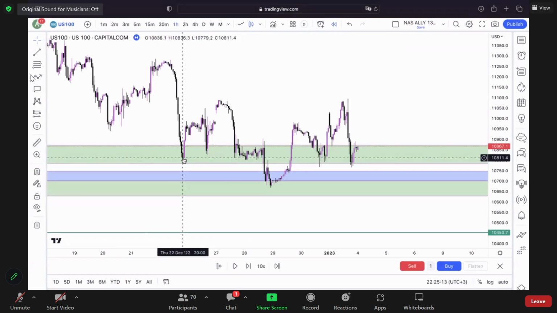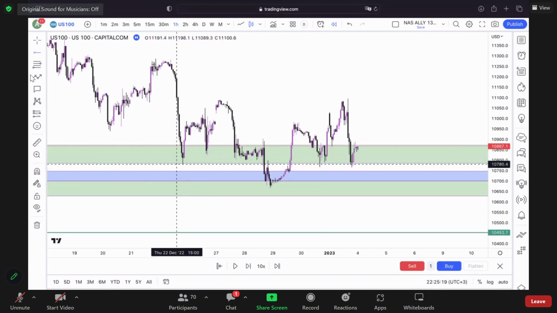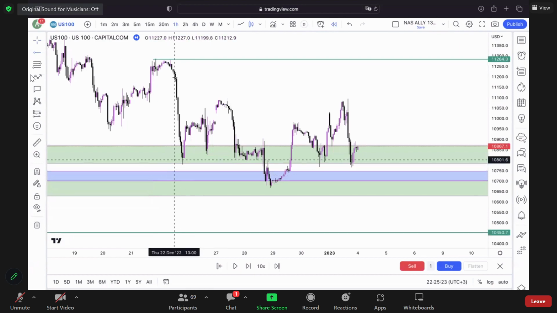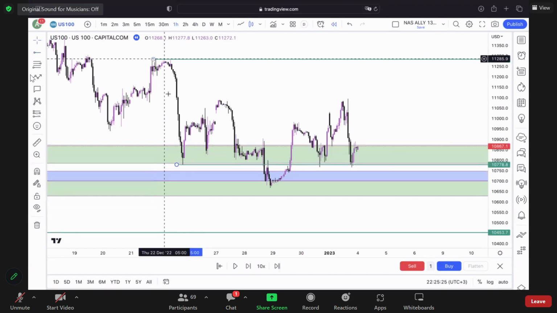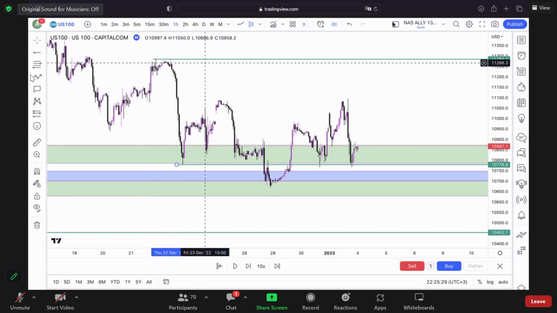Okay, but now, guys, this is where you have to use logic, right? Because what is the high that created this low? It's all the way up here. So in order for us to even see a change of character, it's like a massive push to the upside, right?